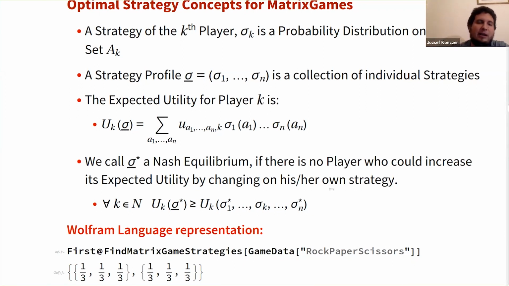So jumping ahead, there is this function, FindMixedGameStrategies, and it gives you the possible Nash Equilibria, and you can see that for rock, paper, scissors, for example, this is a list of probability vectors. So simply that's how the strategy profiles are represented in this framework.